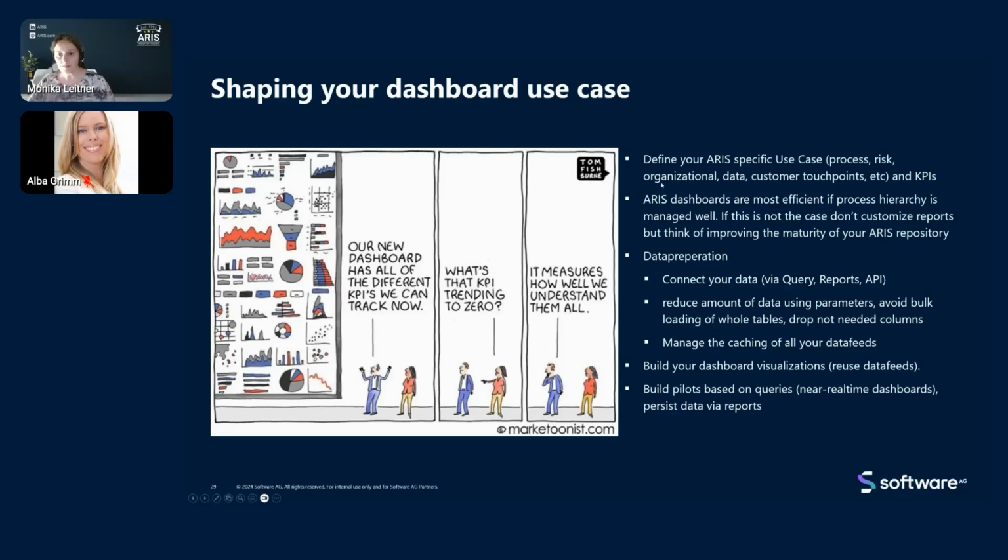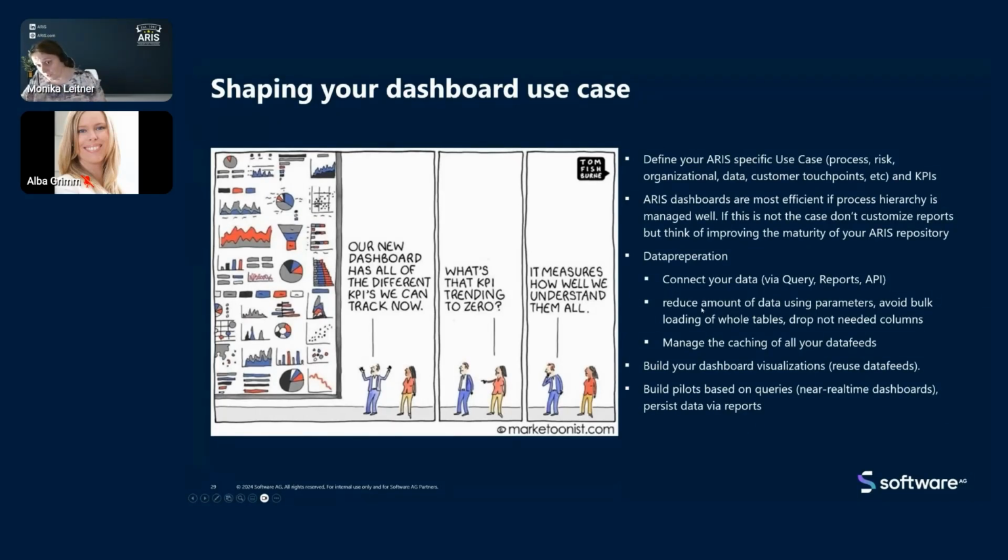Yeah. Data preparation. You can connect your data via query if it's context sensitive. So if you're on the model or next to hierarchies, if you want to do bigger dashboards with data of the whole database, please think of reports, how to parameterize them, or fetch data via the API.